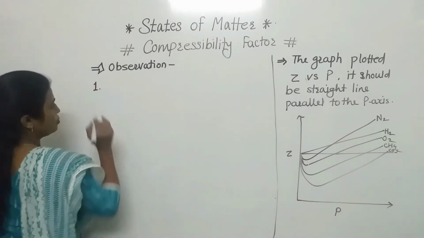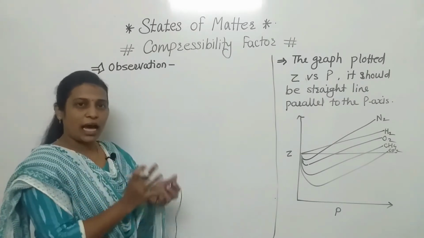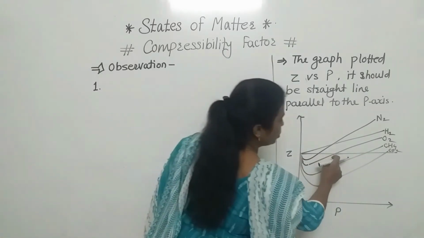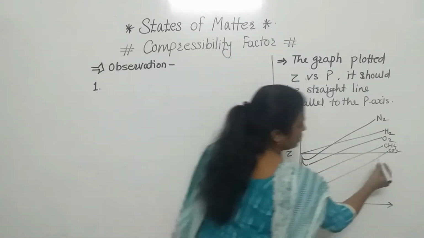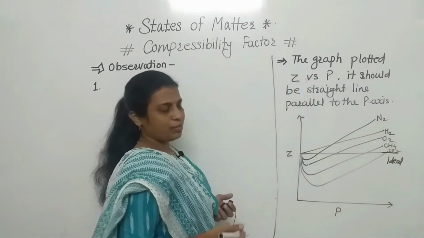The first observation: as we have discussed, if any gas is an ideal gas, then it shows a straight line. This is for ideal behavior.